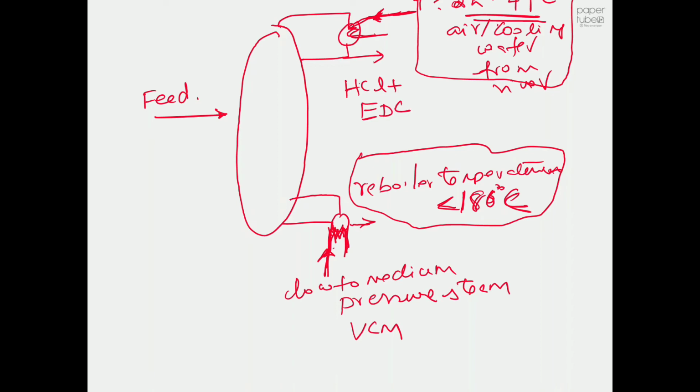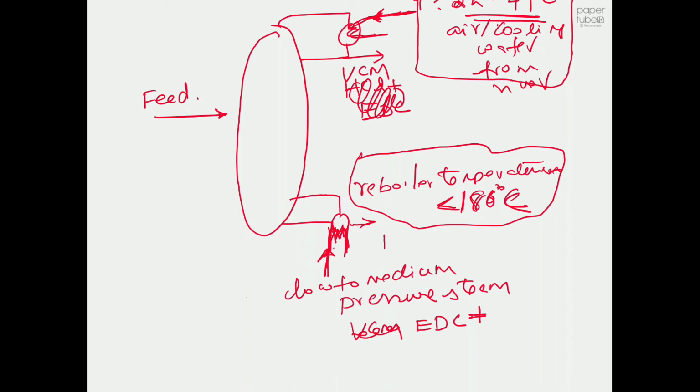So we are going to collect vinyl chloride monomer in the top, and then ethylene dichloride plus other impurities, if any, in the bottom.